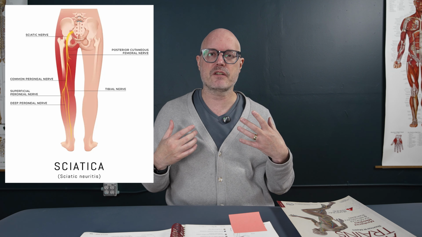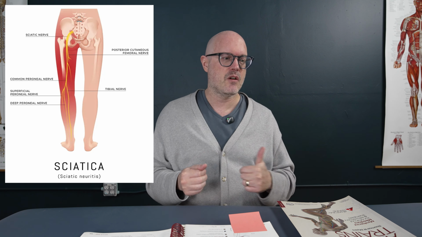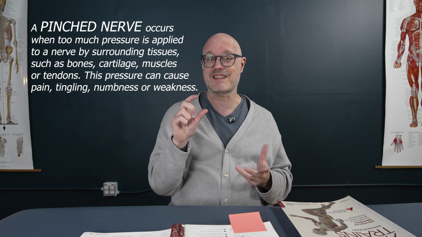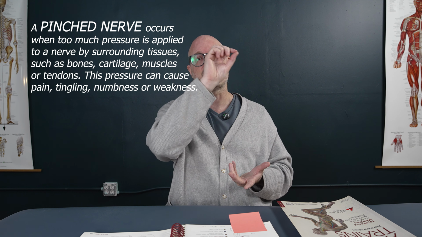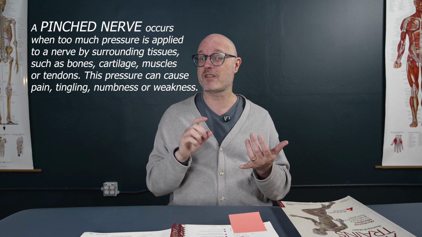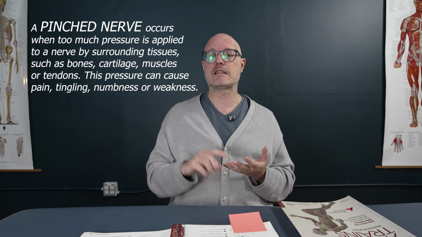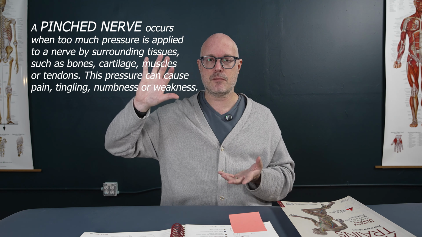But when you hear the term sciatica, what you're really thinking is that the sciatic nerve at one of those nerve roots at the L4 through S1 places has been pinched in some way, and it is causing irritation to the nerve, which is causing pain symptoms, but also sometimes tingling or numbness or achiness, either into the hip or down the leg itself, all the way down to the foot sometimes.